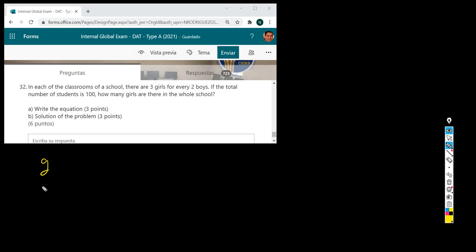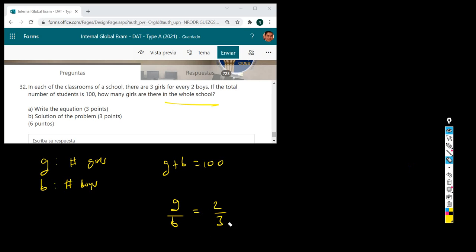So if I signify by a G and by a B the number of girls and the number of boys in the whole school, G is the number of girls, B is the number of boys, then first of all I know that G plus B must be 100, and I also know that the ratio of girls to boys should be equal to 2/3.